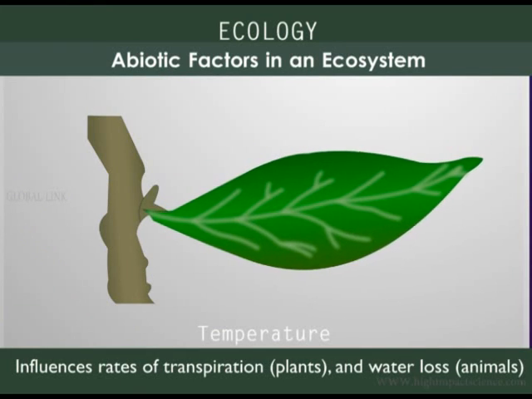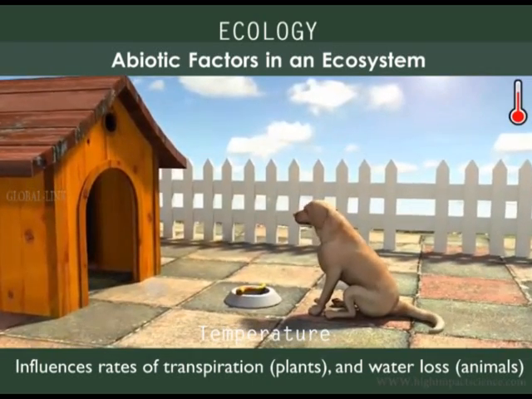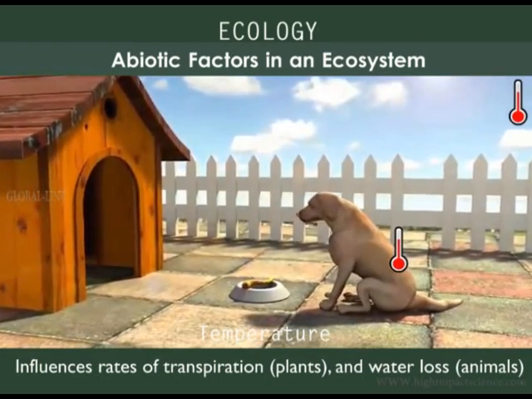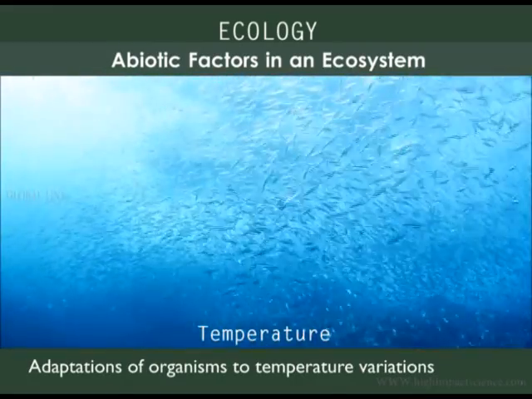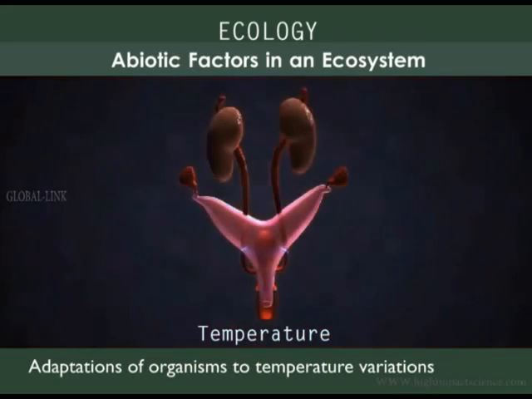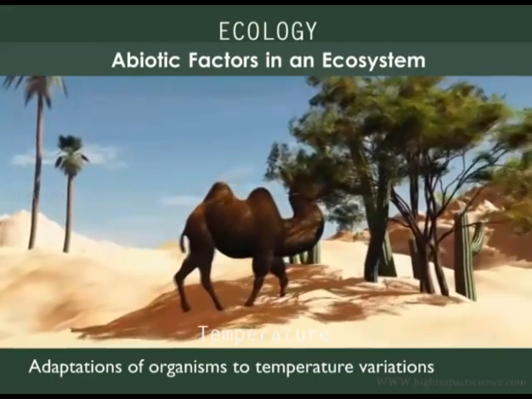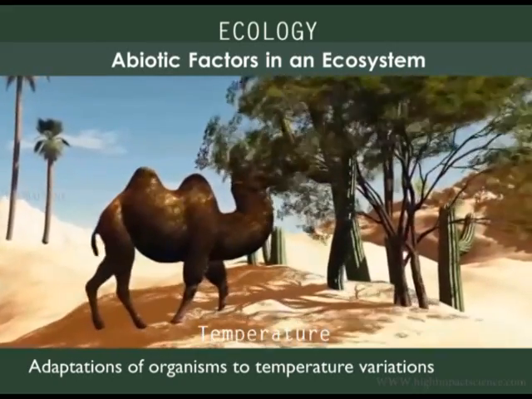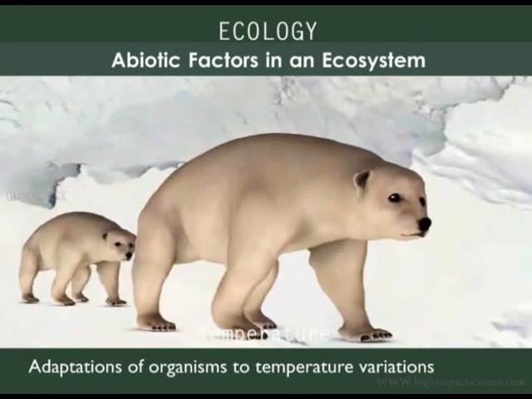Temperature determines the rate of transpiration in plants and the rate of water loss in animals. While a majority of organisms only survive within a narrow range of temperature, some are adapted to extreme conditions. Camels and desert plants are adapted to hot conditions, while the polar bear is adapted to extremely cold areas.